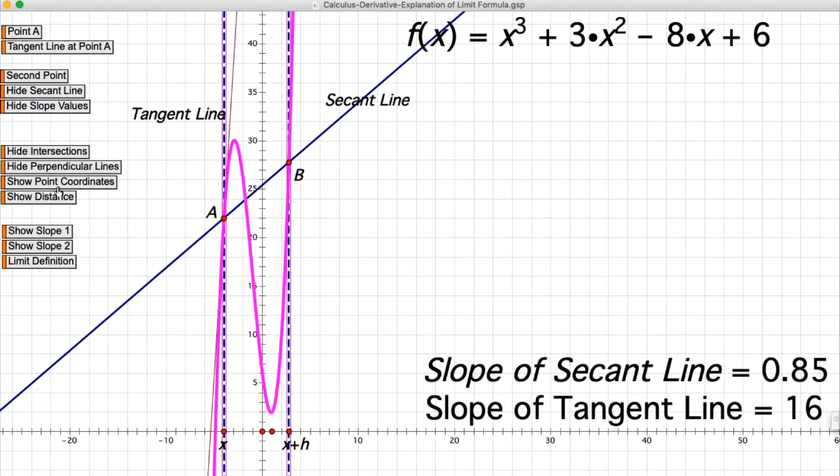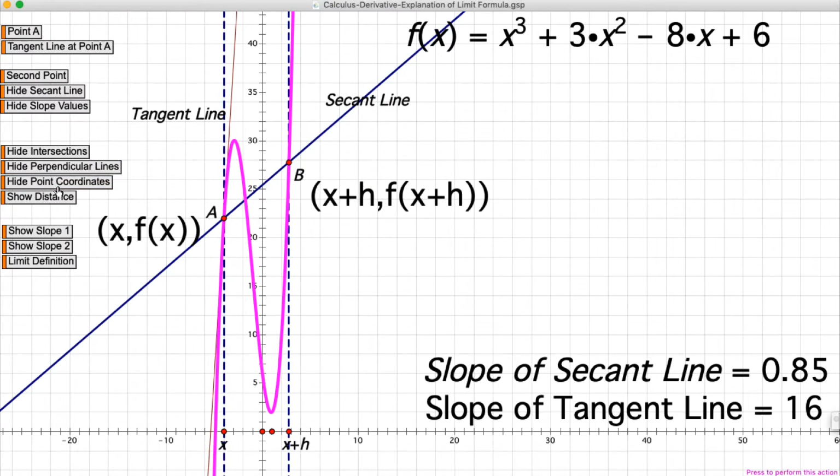Correspondingly, where they cross the function, my coordinates will be x comma f of x and x plus h comma f of x plus h. Then what I was looking at before is when we move B closer to A, I decrease the distance.